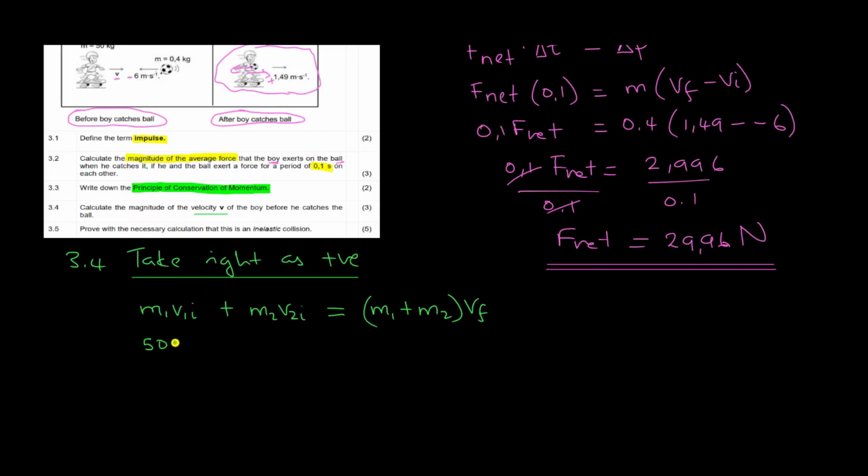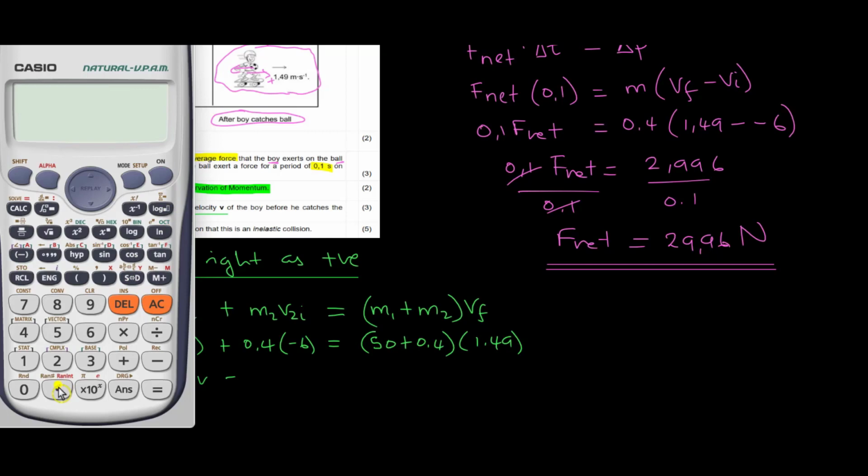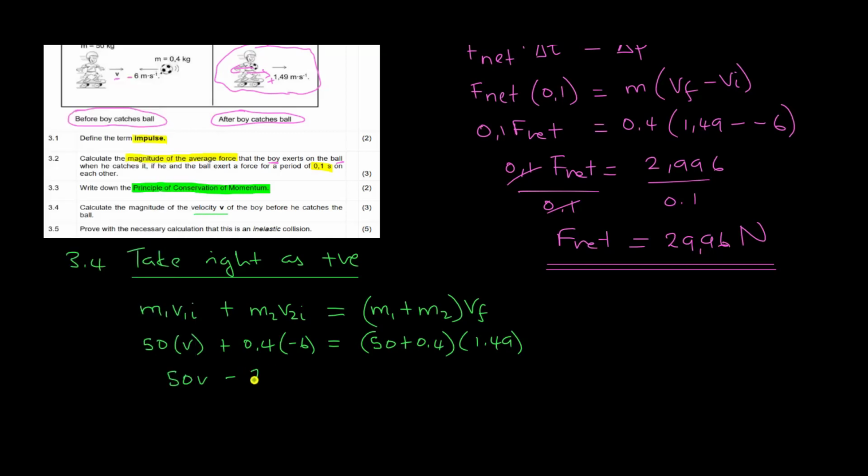So I have 50 multiplied by v plus 0.4 multiplied by negative 6. This is equal to 50 plus 0.4 multiplied by 1.49. So 50v minus, let's do the calculation there, 0.4 times negative 6, so negative 2.4.